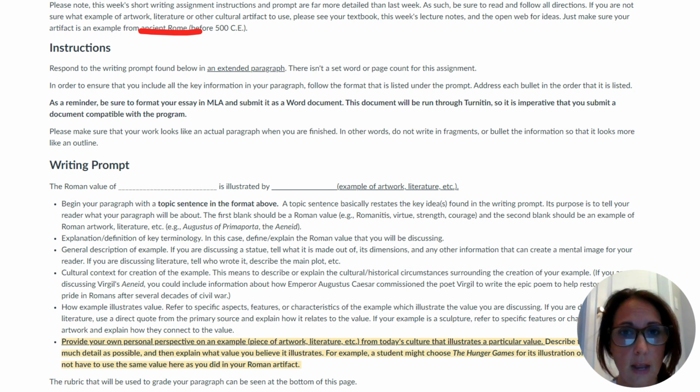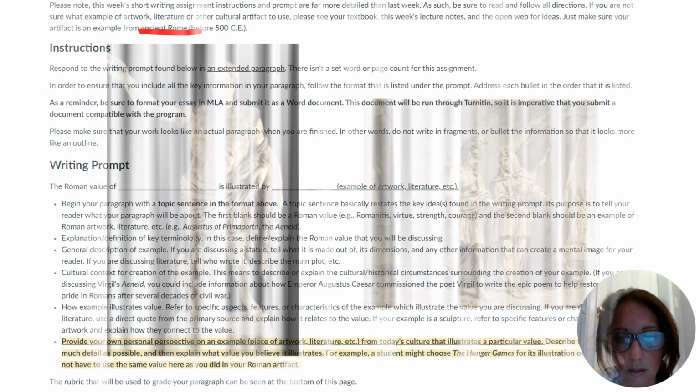But if you ever have any MLA questions, these gateway courses are a great place to work on those MLA citation skills. Also, make sure that your paragraph is submitted as a Microsoft Word document. It will be processed by the plagiarism checker. Turn it in. So let's go ahead and take a look at this.